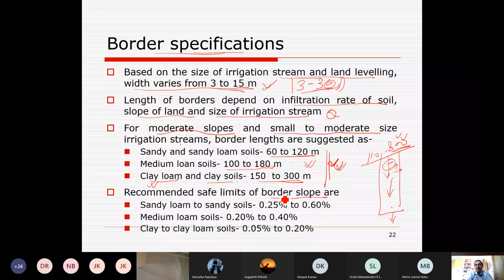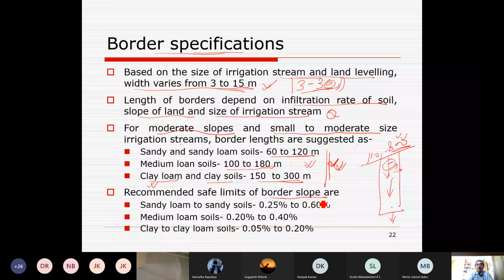for sandy loam varies from 0.25. So we can have greater slope there. For a medium loam, where sand is reduced to loam, the slope may be lesser, 0.2 to 0.4% in field condition.